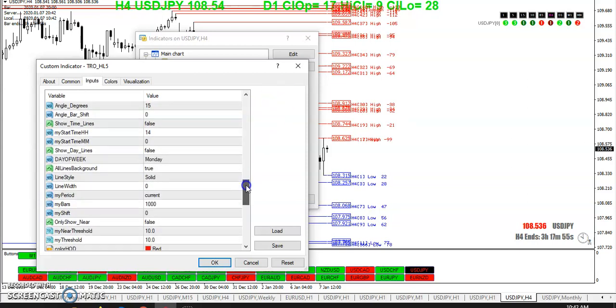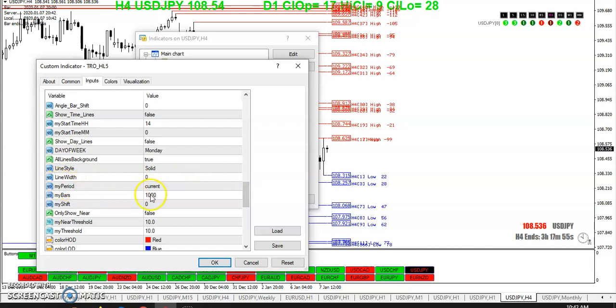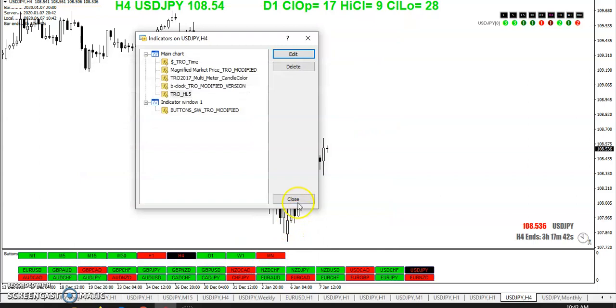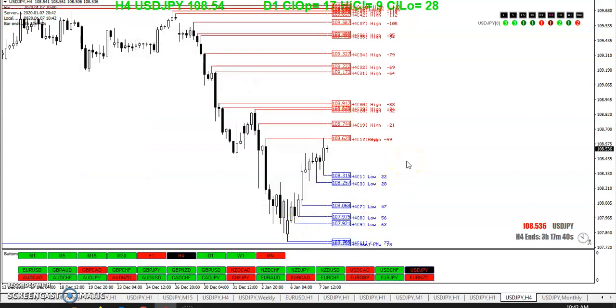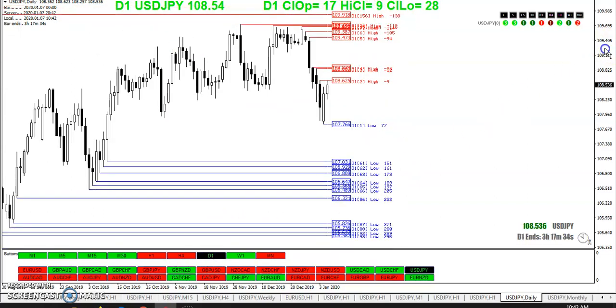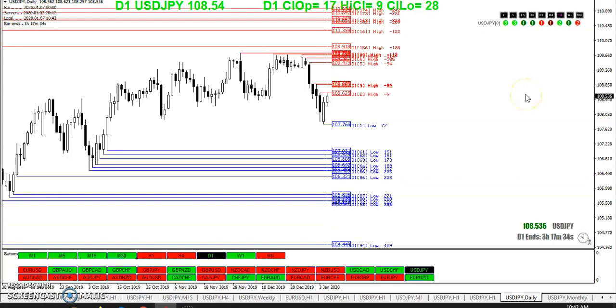In this case, we're going to look at the current period for the last 1,000 bars, starting with the current bar. Let me bring it out to the daily. First, what do you see? Well, you see the candles.